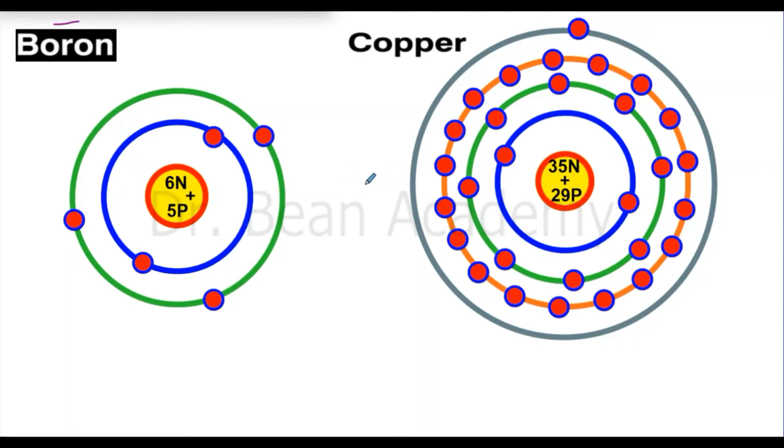You see that I have represented atoms like this so far. I show the nucleus and then all the orbits around the nucleus, including the outermost shell or orbit, and the valence electrons in the inner orbits and the outermost orbit. And same is the case with boron.